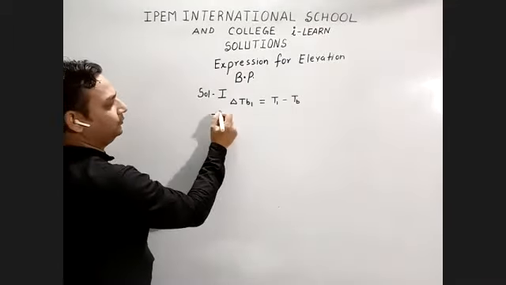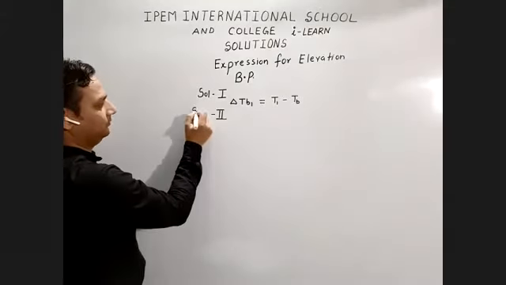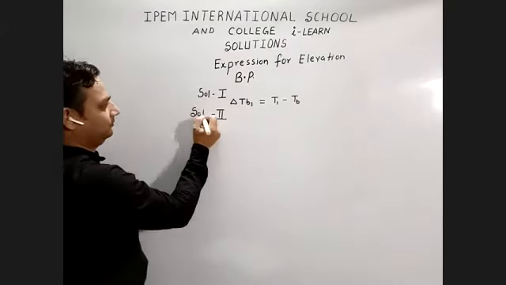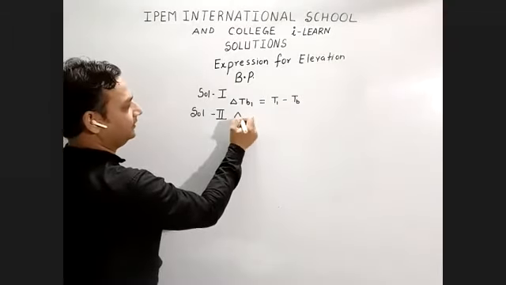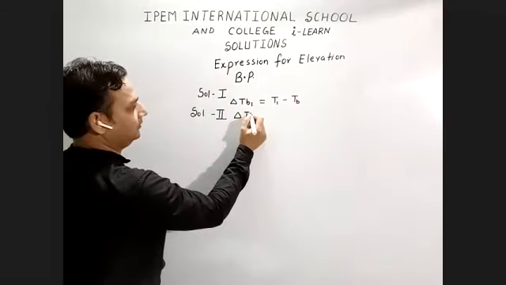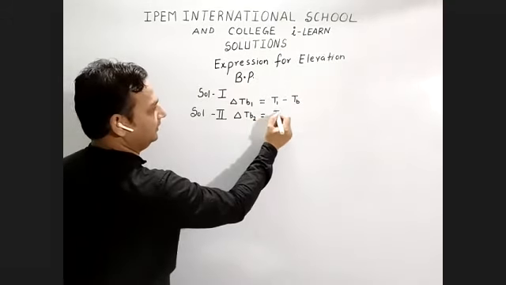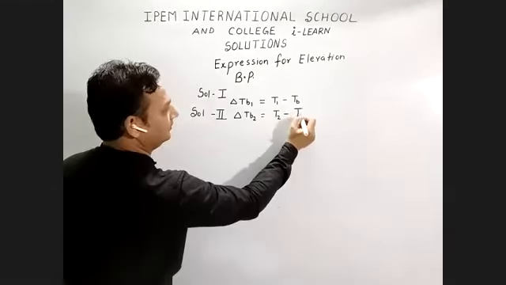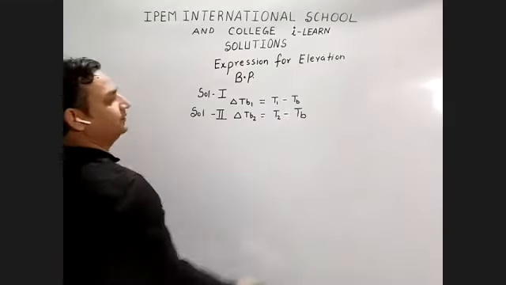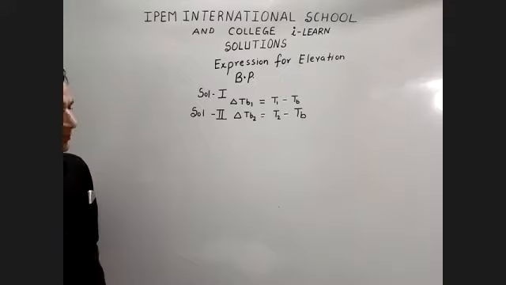Similarly, for solution 2, we have delta TB2, that will be equal to T2 minus TB. All right.